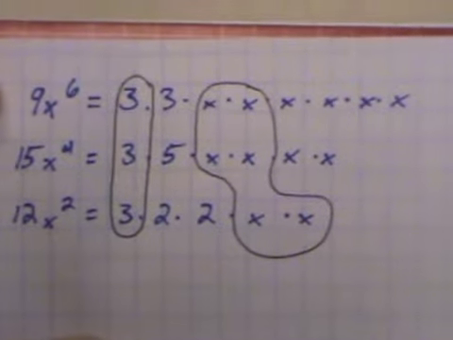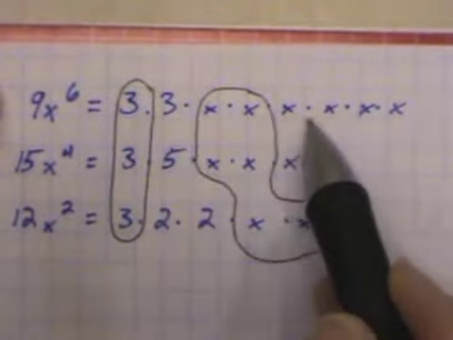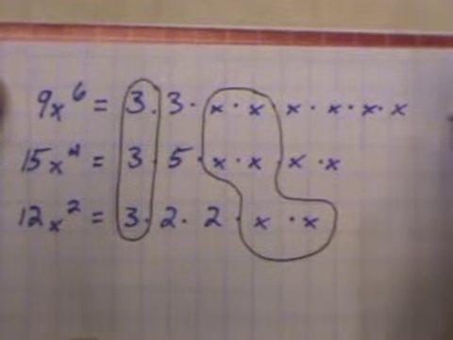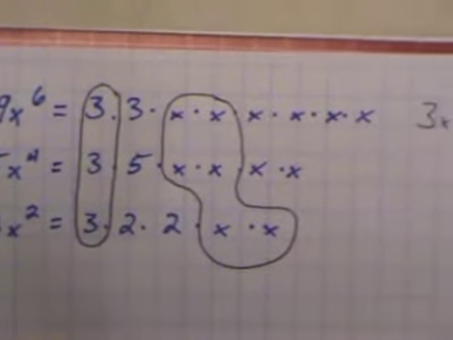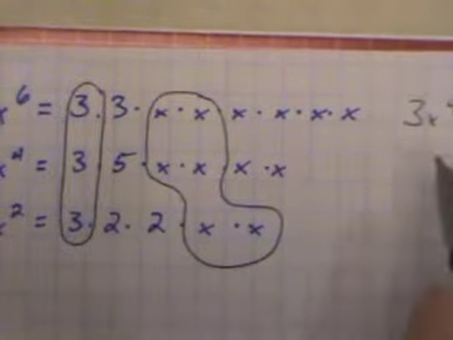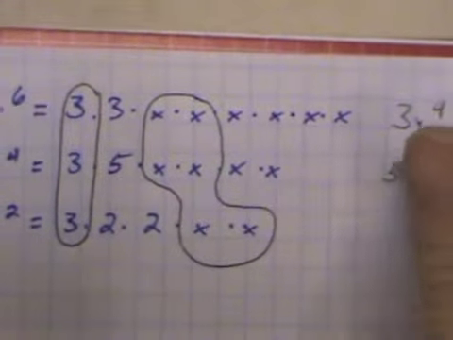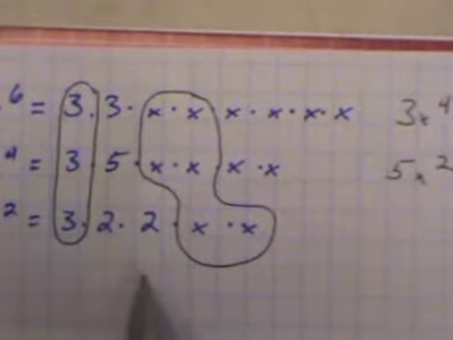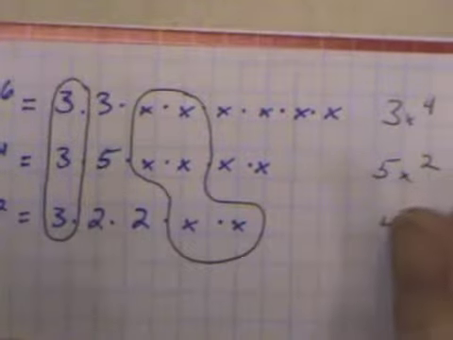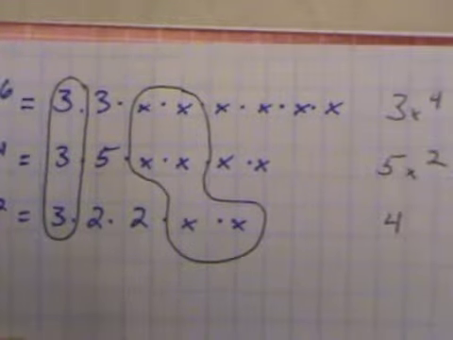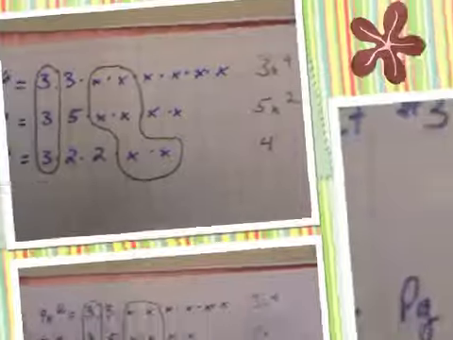Take a look and see what's left. 3 and 4 x's. 3x to the 4th. What's left here? 5 and 2 x's. 5x squared. What's left here? Just a 4. And that is what we put inside the parentheses.